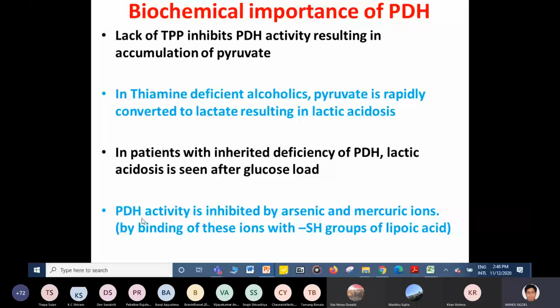We have already said pyruvate dehydrogenase complex activity is inhibited by arsenic and mercury ions by the formation of bidentate adducts. We have already seen. This is by binding of these ions with the sulfhydryl groups of lipoic acid, because one part of this pyruvate dehydrogenase was the lipoic acid.